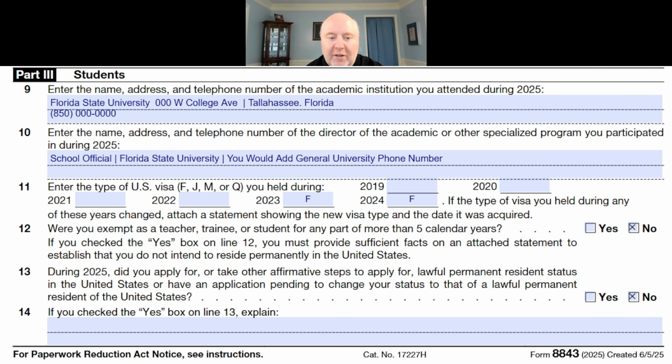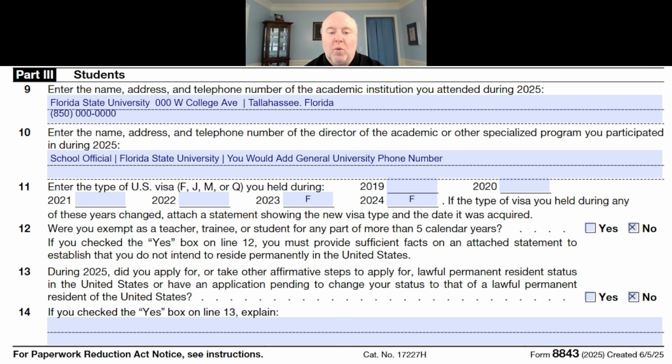In line number 13, during 2025, did you apply for or take other steps in order to be at lawful permanent resident status? In this situation, that wasn't applicable, so I put no. And then in line 14, you would have had to explain those steps that you took that you were referring to in line 13. So since we put no in line 13, we can skip line number 14.